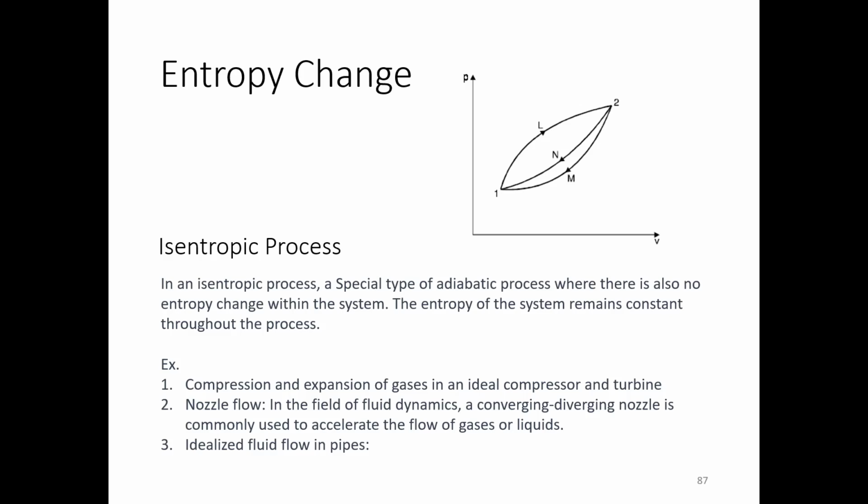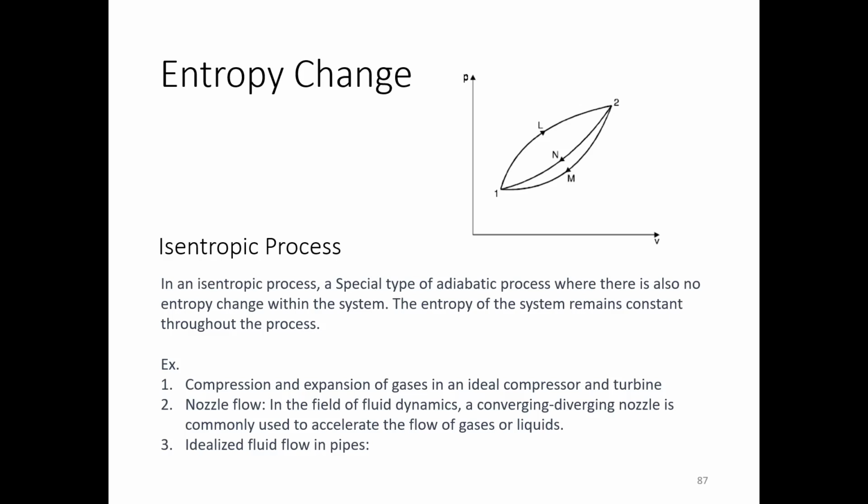Examples are compression and expansion of gases in an ideal compressor or turbine. So this is true for engines as well. If you take the petrol engine or diesel engine, we have four strokes, if you remember: suction, compression, power, and exhaust.